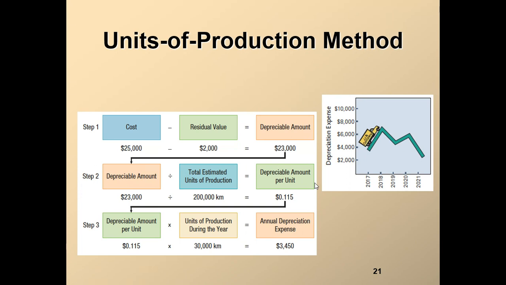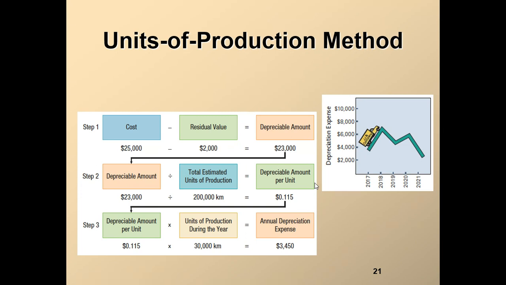You take that 23,000, and they're estimating that they can get 200,000 kilometers out of the vehicle over its estimated life. So that means that 11.5 cents per kilometer or per unit is going to be attributed as your amortizable cost per unit.